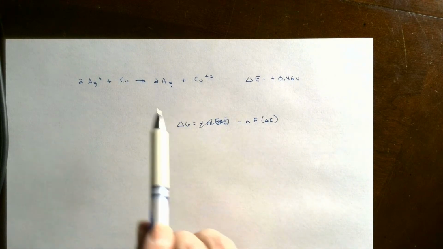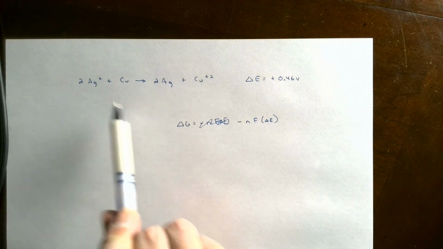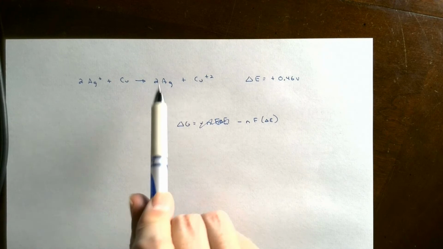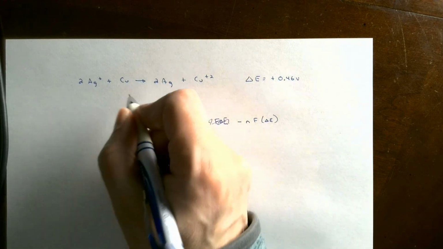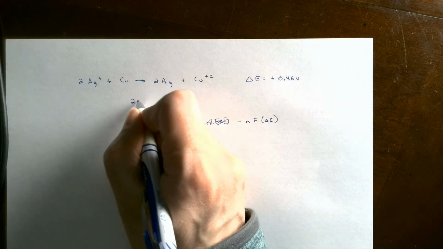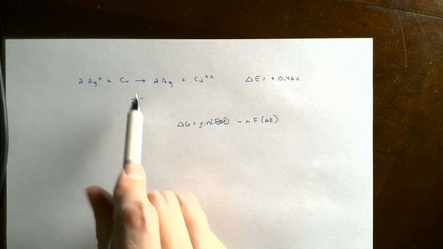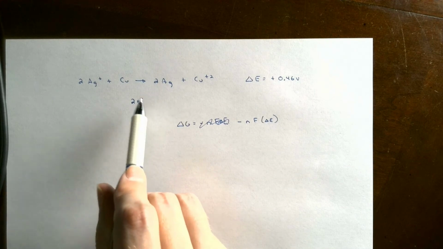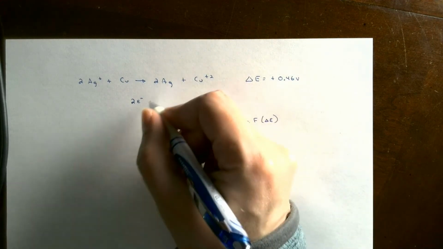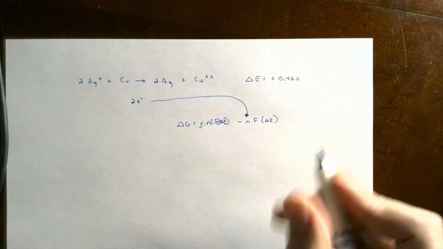N is the number of electrons being transferred in that redox reaction. We already know from balancing this that this is a 2-electron transfer process, because when we added those two reactions together, each half reaction had 2 electrons in it. So N is 2 electrons.